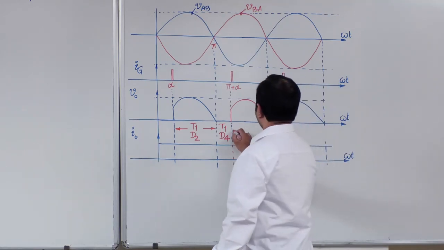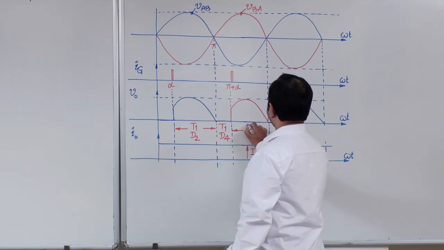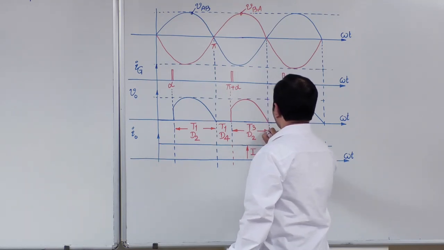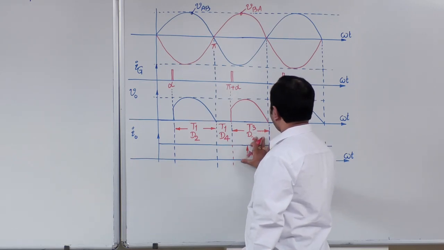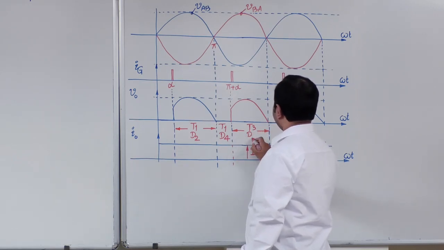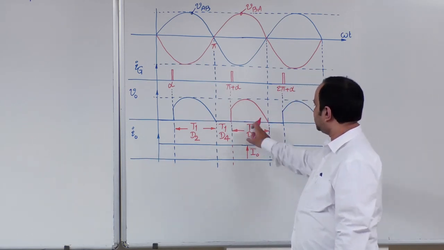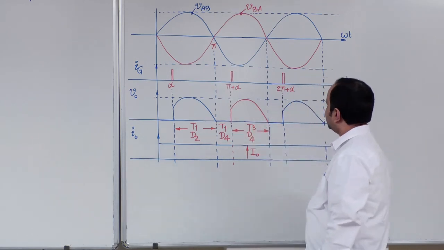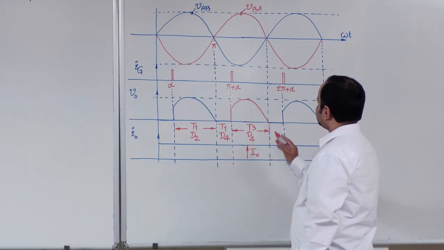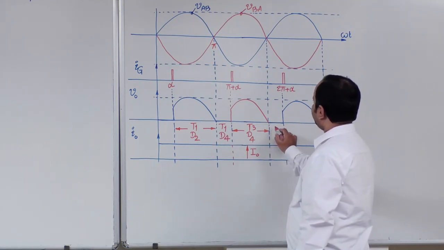Next, pi plus alpha to 2 pi, T3 and D4 are in conduction. Therefore, output voltage will be followed by VBA, third and fourth position devices. 2 pi to 2 pi plus alpha, what are the devices in conduction?